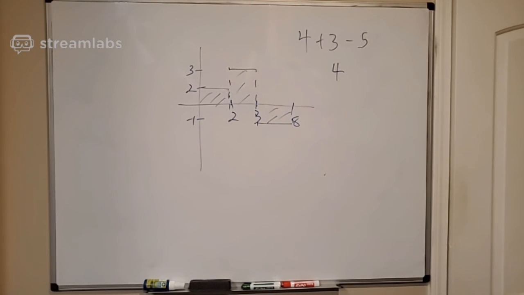Unless I did my math wrong. What did I do wrong? I feel really stupid now. You figure out what I just did wrong, because I'm a moron. Nobody's going to make fun of me? For real? 4 plus 3. I said 4 plus 3 was 9. 9 minus 5 is 4.